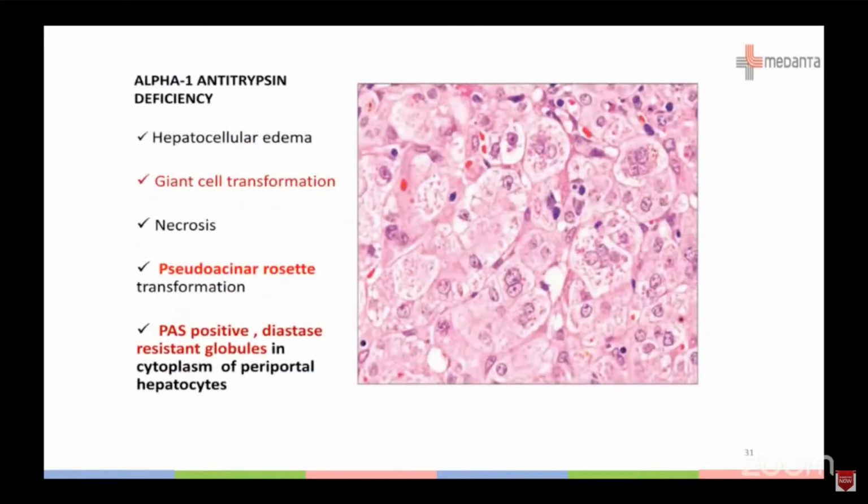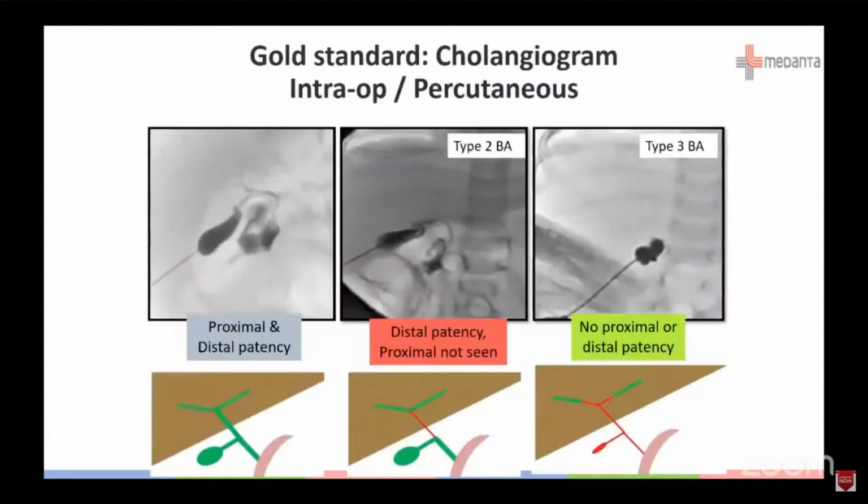In alpha-1 antitrypsin deficiency, we get PAS positive and diastase resistant granules along with pseudoacinar rosettes. The gold standard for the diagnosis of biliary atresia is a cholangiogram, which might be intraoperative or percutaneous. These are the pictures of our patients.